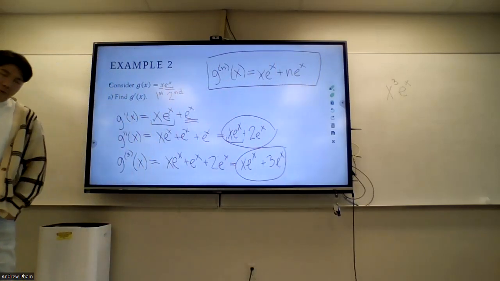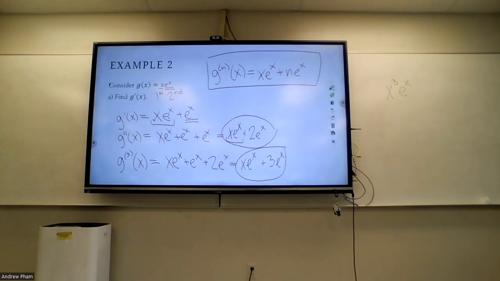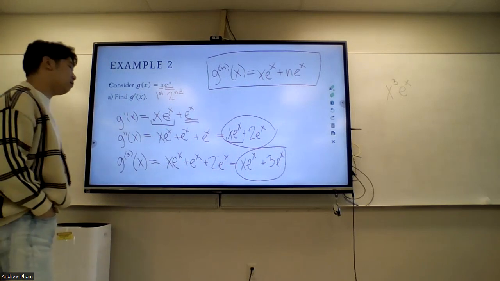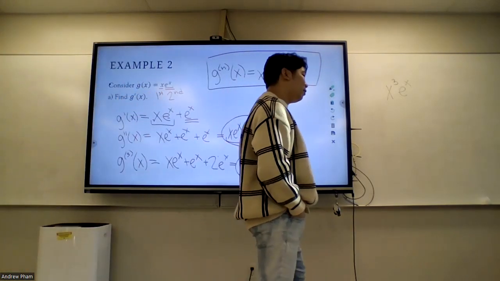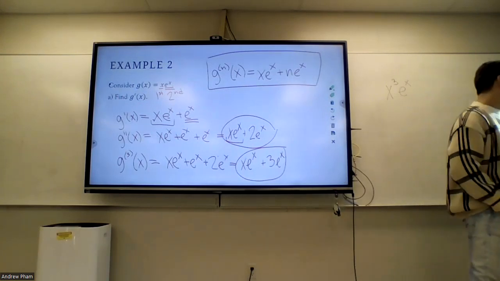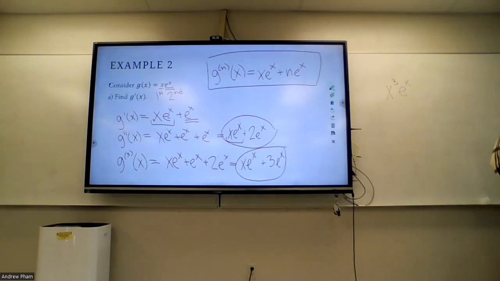Unfortunately, we won't always be able to get something nice like this to get a general expression for the nth derivative. Sometimes that derivative may get larger and larger, or it might get smaller and smaller after a while. But in this case, we had a nice pattern going on.